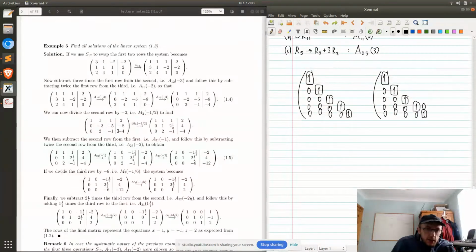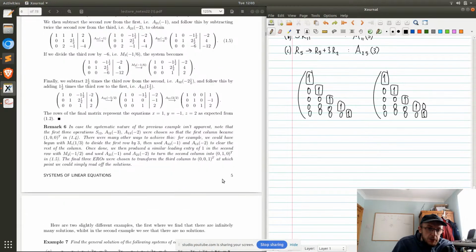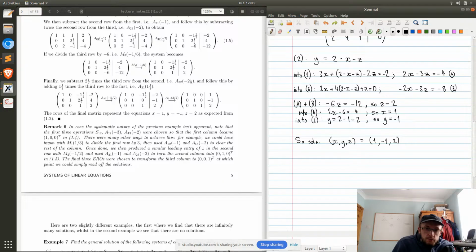And then they did a bunch of things until they got 0, 1, 0 in the second column, and then 0, 0, 1 in the third column. I get you. At which point we could simply read off the solutions, which we found before. We found these guys before.